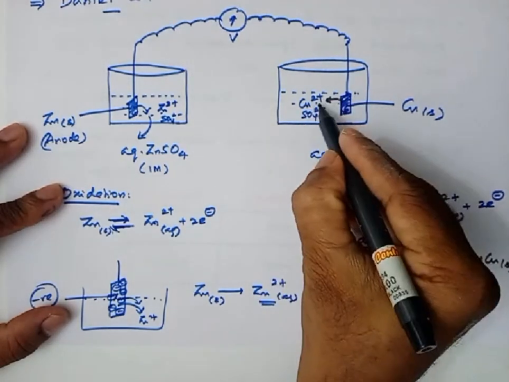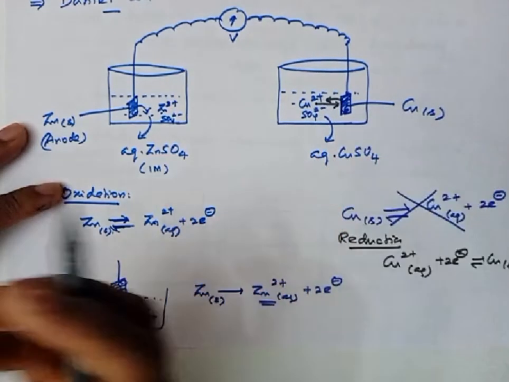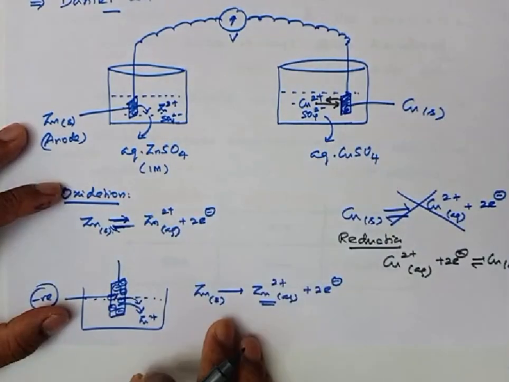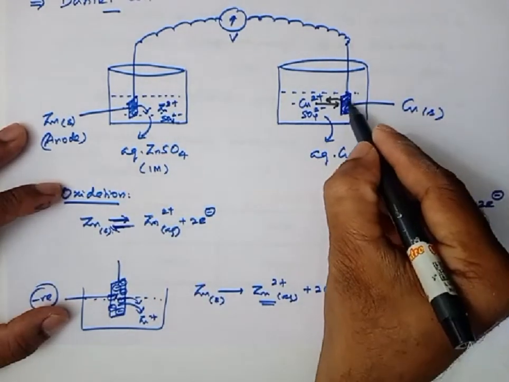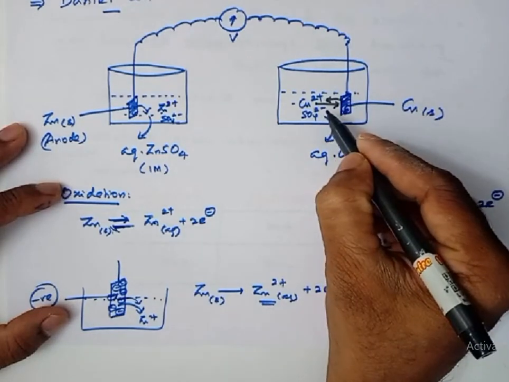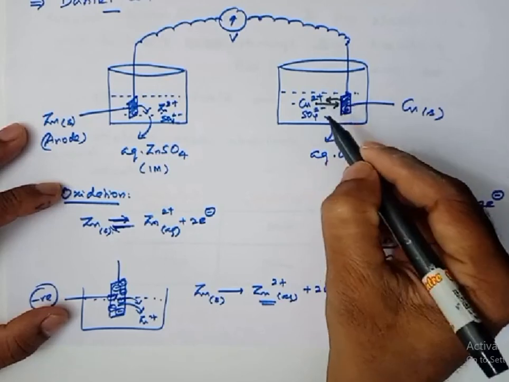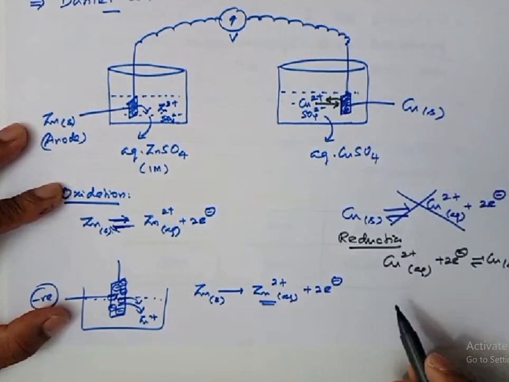But now, since the metal loses 2 electrons to reduce this cupric ion, the metal becomes positive.